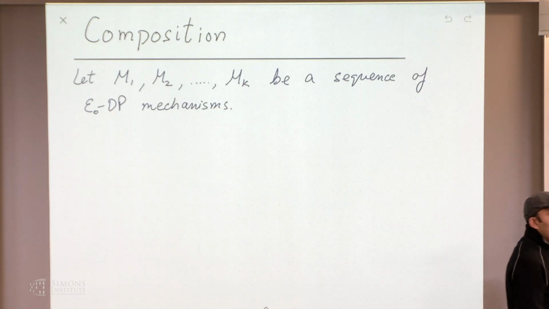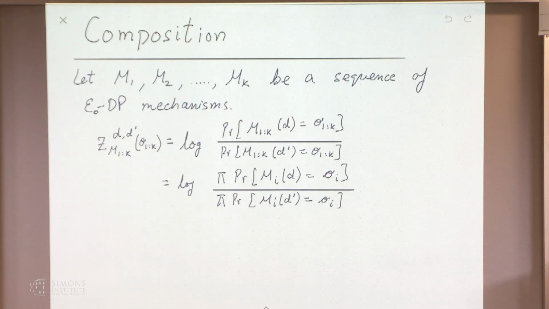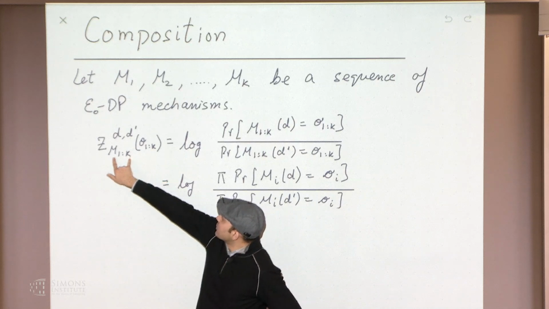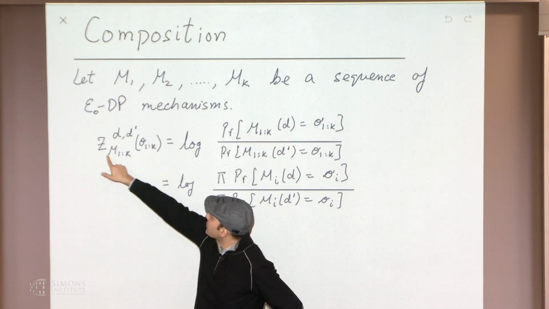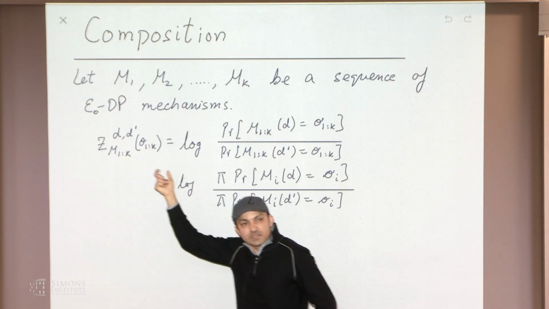I want to ask, what is the privacy of the full interaction? What can I say about this whole sequence of interactions? I'll call that M1 through K, and I want to ask what's the privacy loss random variable corresponding to this full sequence of questions.